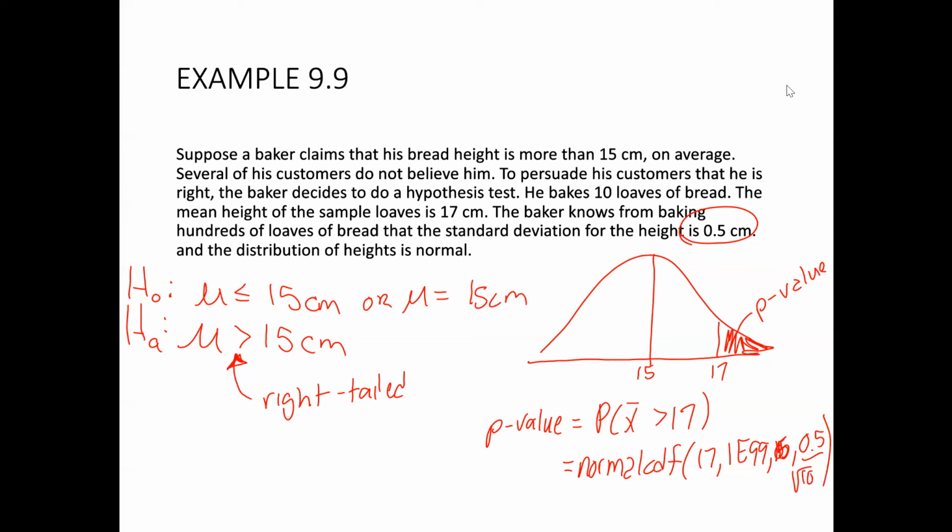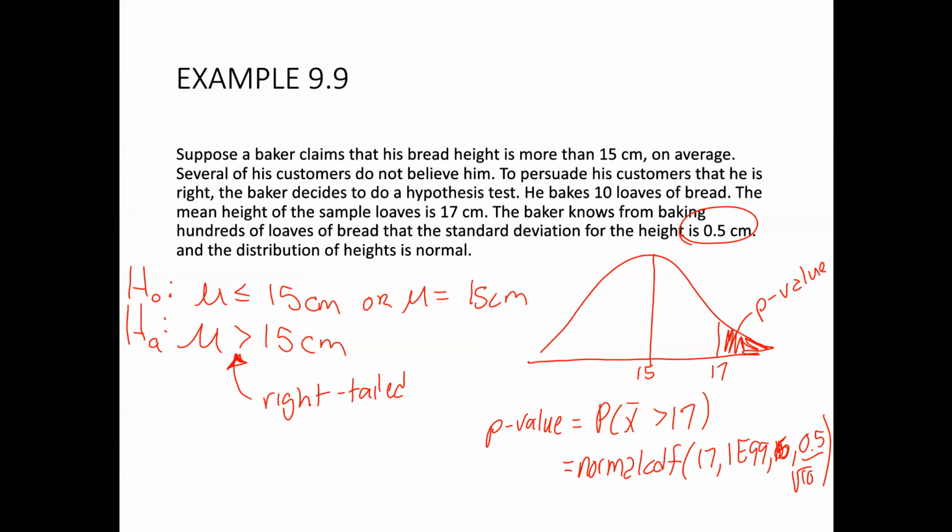So the p-value is the area under the curve for the normal distribution with a lower limit of 17, upper limit of infinity, mean of 15, and a standard deviation of 0.5 over the square root of 10. Go to our distributions, the normal distribution. This is what we did the other day, except I had it incorrect.